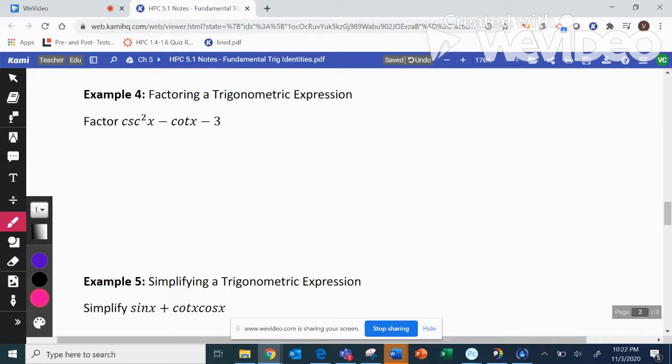Right, for this one, we're going to be factoring, but we have a problem because if I use U substitution, these are different things. It does look like it's a trinomial. So at this point, I'm going to look at my identities and see if we have any identities that change cosecant into cotangent.